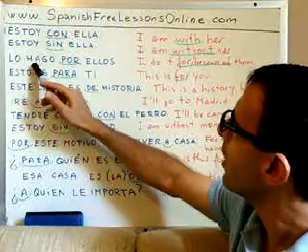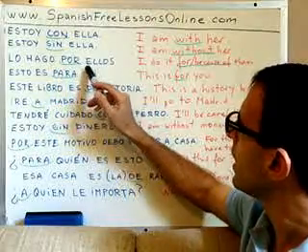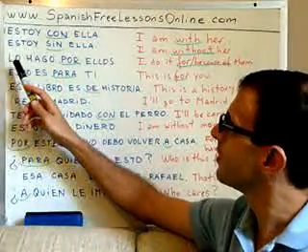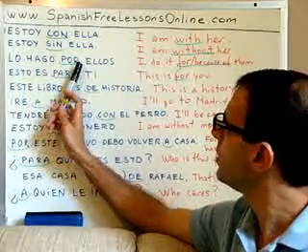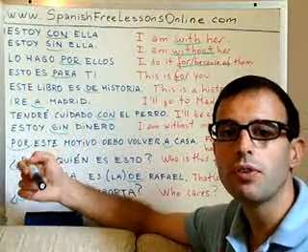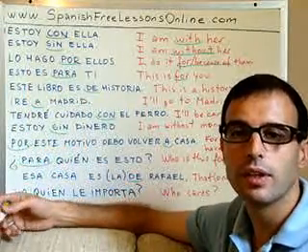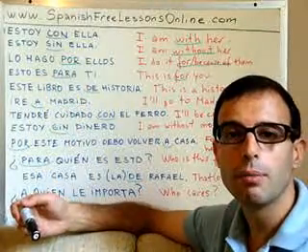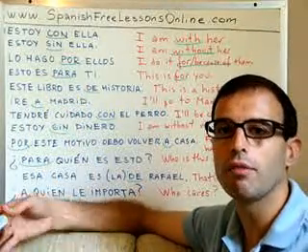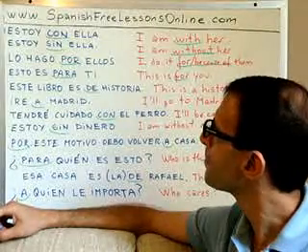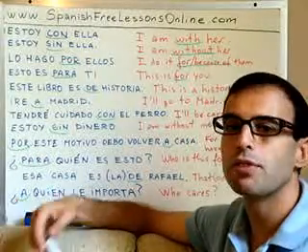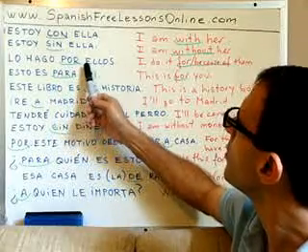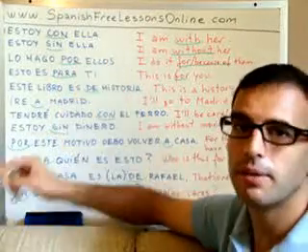Lo hago por ellos. This means I do it for them or because of them, okay? This for is for, but more in the sense of because of, right? Because of some reason, like I'm doing it because of the reason of, because of them, okay?